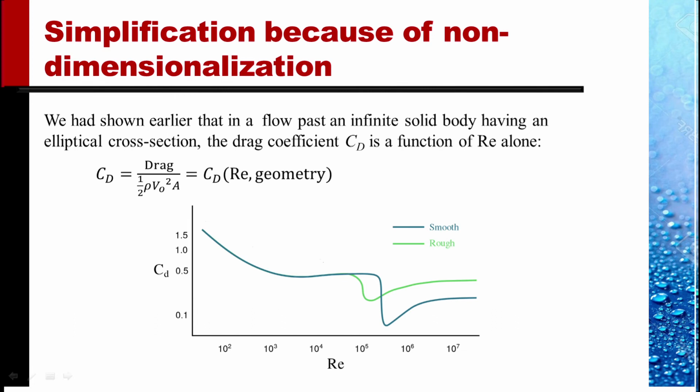And this, we make a plot. This is the typical behavior of drag on a sphere. For low Reynolds number, low meaning of the order of 10 up to about 10 raised to the power 4, the drag coefficient is a function of Reynolds number alone, nothing else.